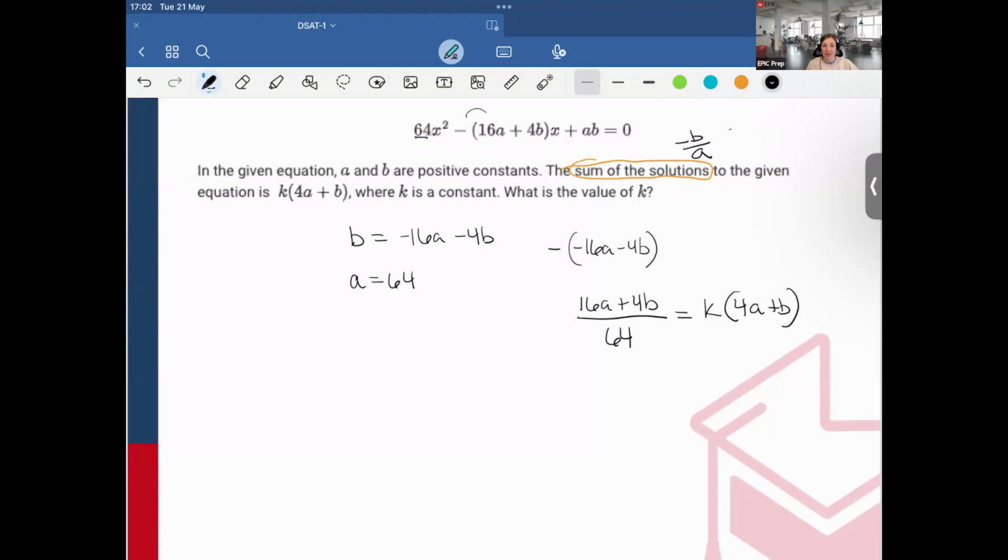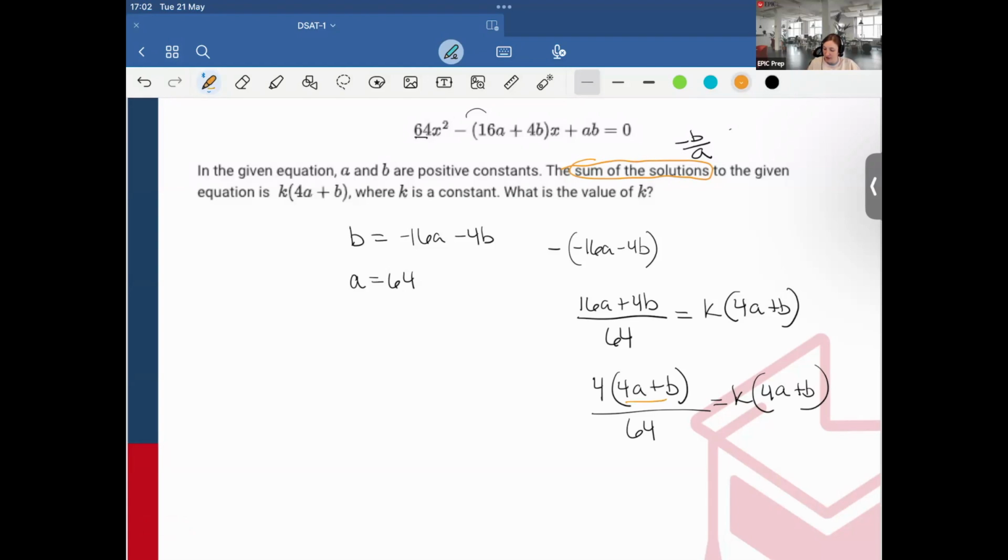Oh, on the left-hand side, I can factor again. Remember, factoring, it's super important. So factoring, I could factor out this, so it'd be 4 times a plus b over 64, and that's equal to k times a plus b.